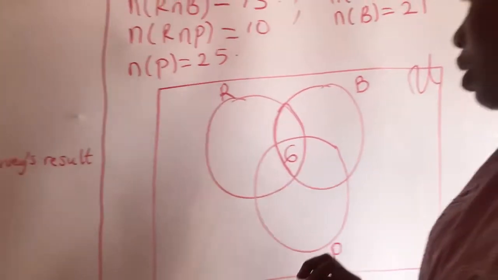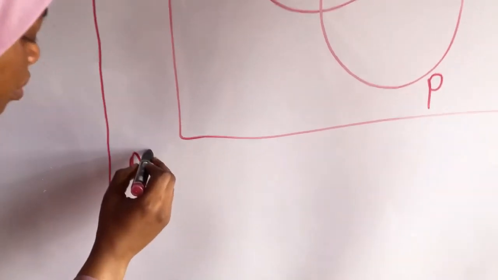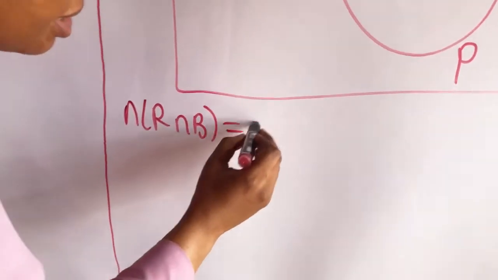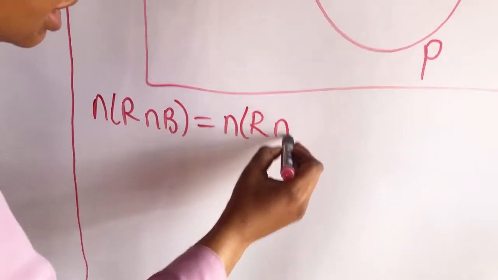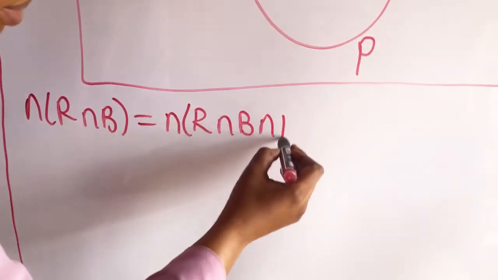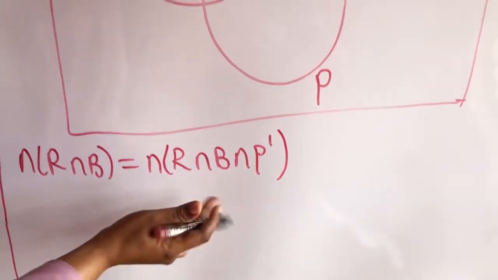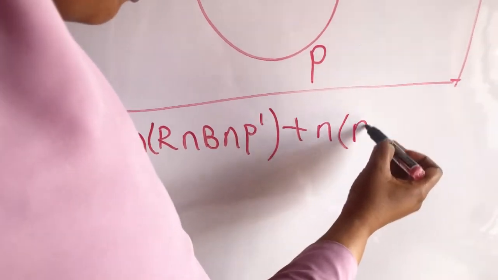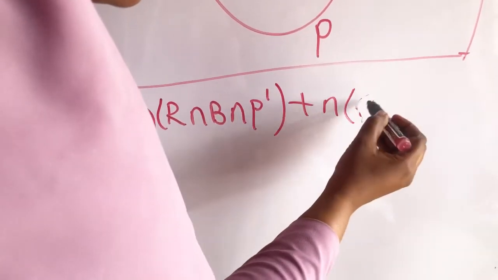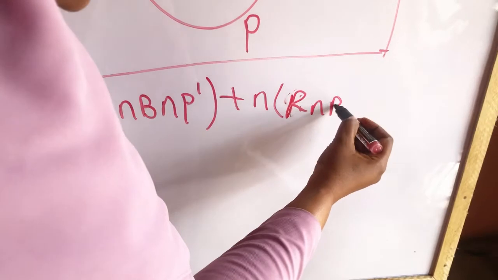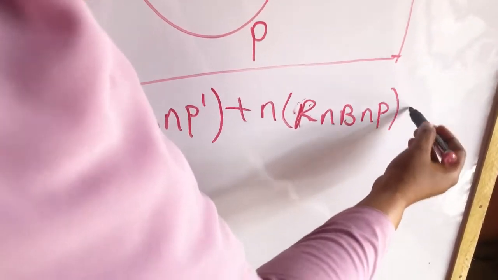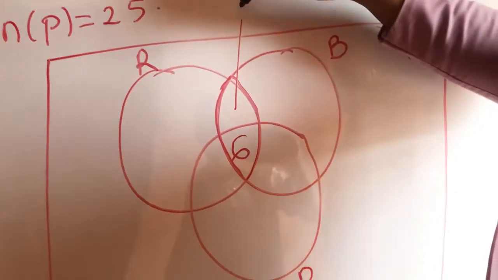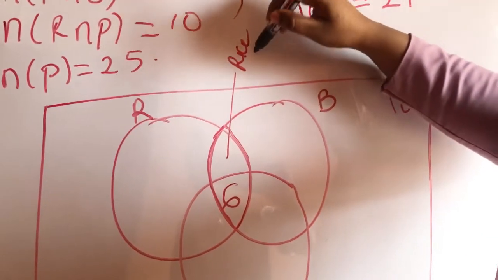So we say that cardinality of rice and beans consists of rice intersect B intersect P prime, that is rice and beans only, plus cardinality of rice, beans, and plantain. So here is rice and beans only. This place is those that liked rice and beans only.